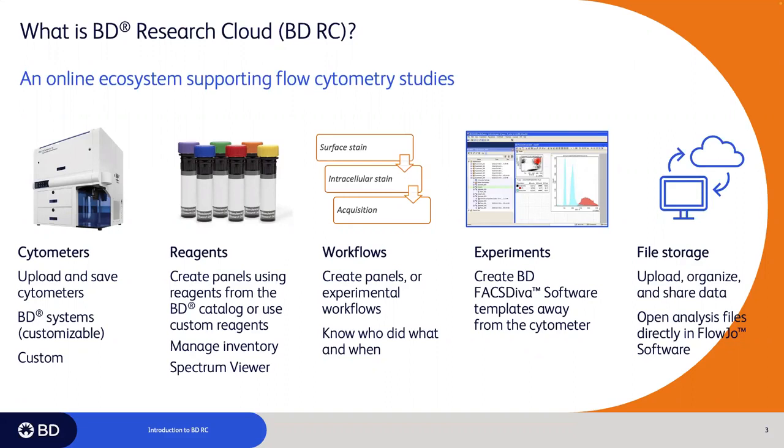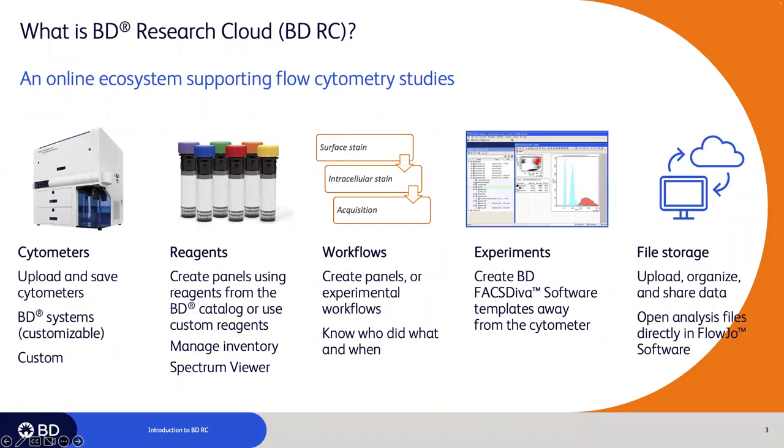You can manage your antibody inventory within BD Research Cloud, and you can also view different spectra of fluors within the spectrum viewer. You can also create panels and workflows, such as experimental workflows, to keep track of who did what and when within your experiments in your lab. You can create FACSDiva software templates away from the cytometer.